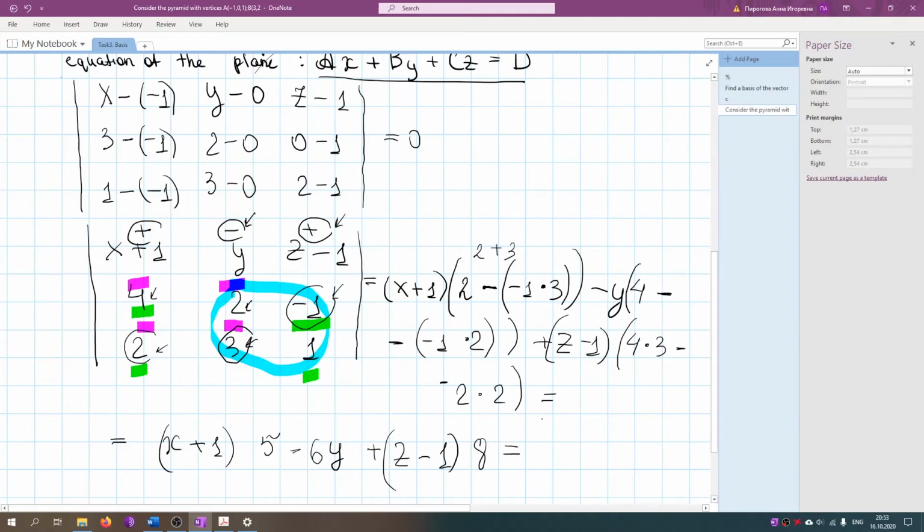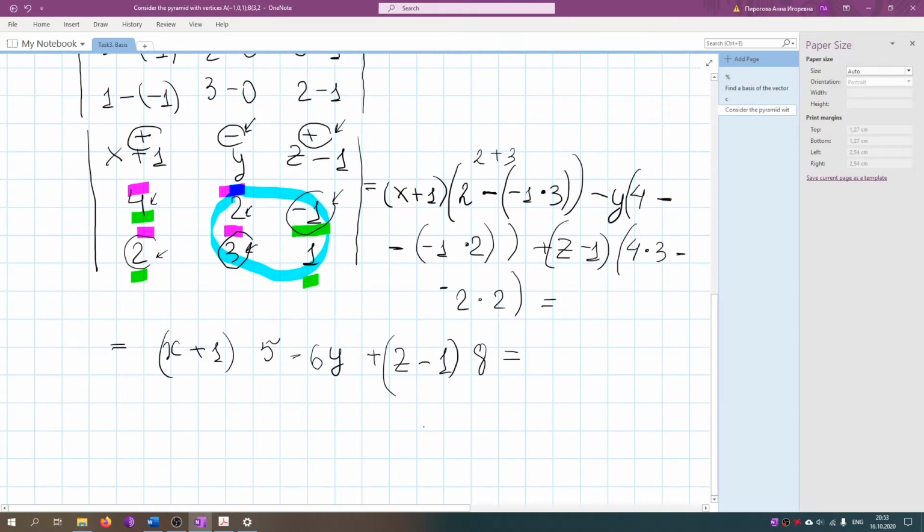So, very good. Now we just need to open the brackets. So it will be 5x plus 5 minus 6y plus 8z minus 8. Oh, just 8. Sorry.